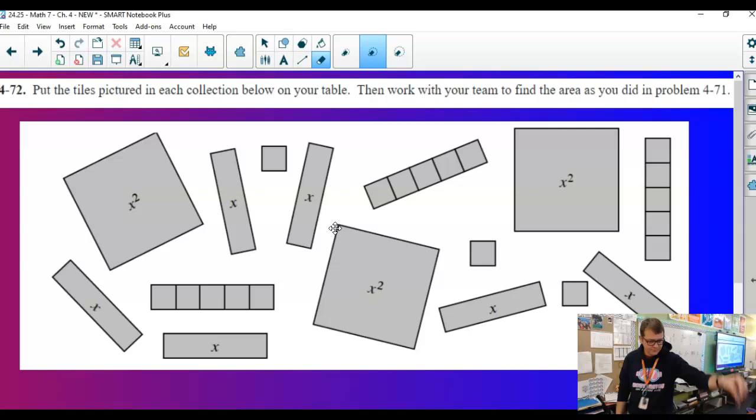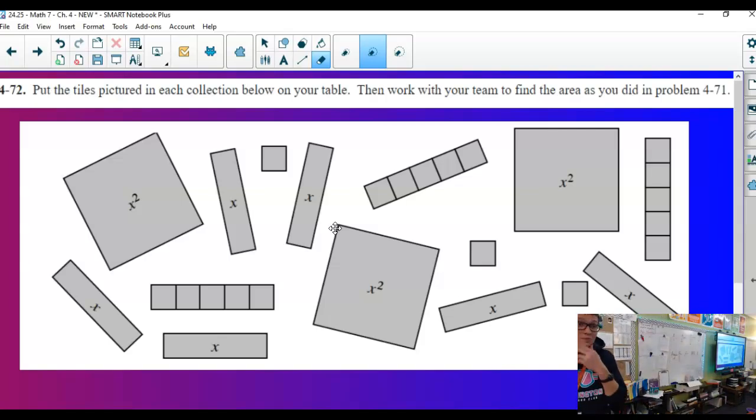Wait, do I give these to everyone? If you're shopping for your whole group, yeah. Each of you needs that pile that's showing on the screen in front of you.